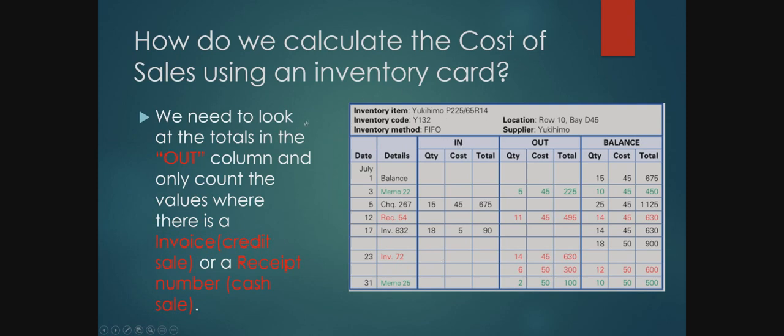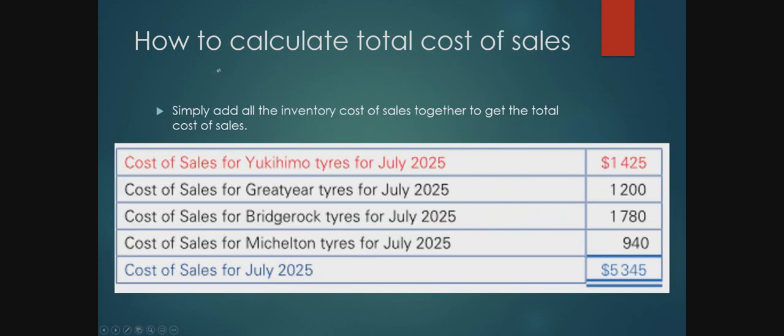So in order to calculate your cost of sales, we go to the out column and just add the totals from anything that says receipts or anything that says invoice. So in this case, what happened on July 12th and what happened on the 23rd of July are prime examples of cost of sales. So how do we calculate the total cost of sales?